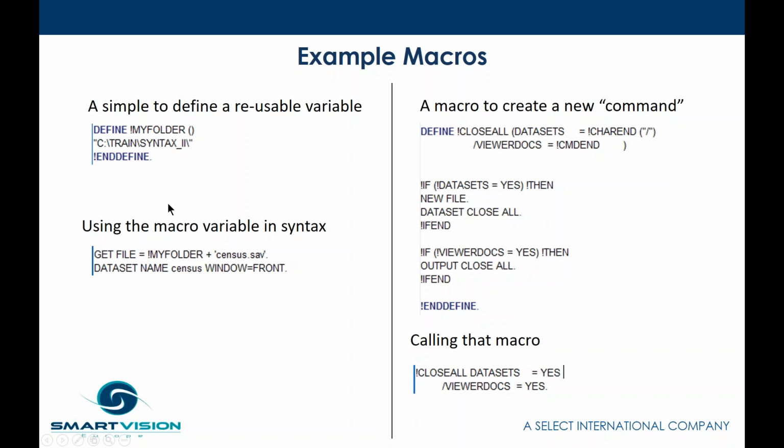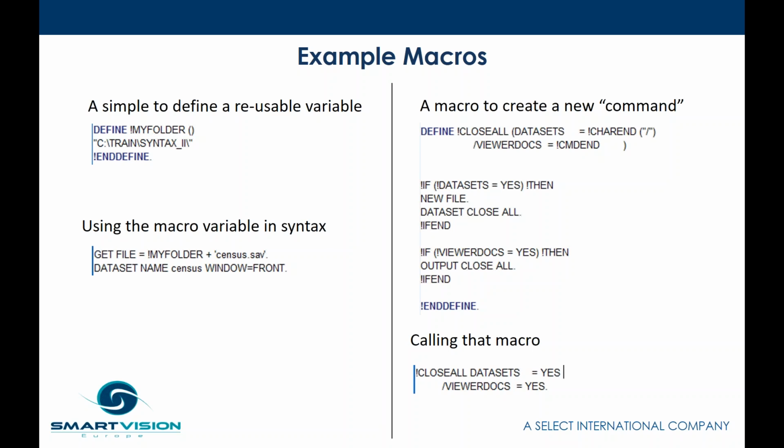A more sophisticated one could be, we're almost creating a new command, and that command is inevitably built up of other commands in SPSS. So it might be that you have a particular kind of regression that you always run, and you always have to go in and set several different subcommands and options to get that regression.